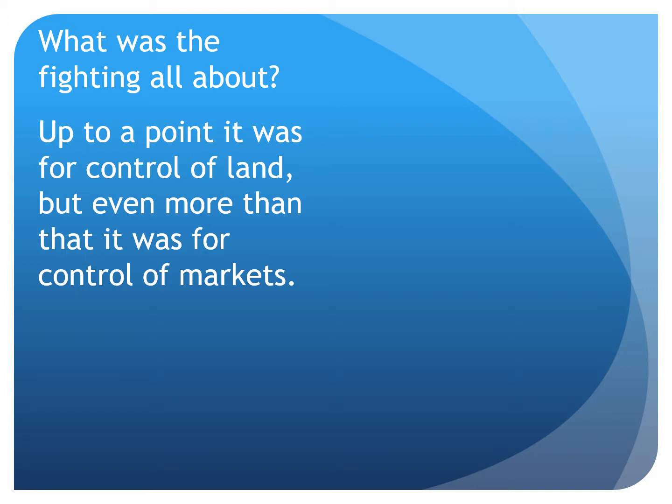And so part of it was about land, but even more than the land is the markets that came from that land. The colonies would provide goods. And to a large extent, the fighting was to have control of the markets for those goods.